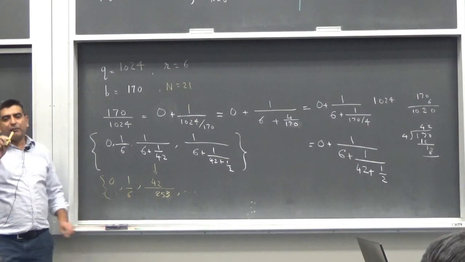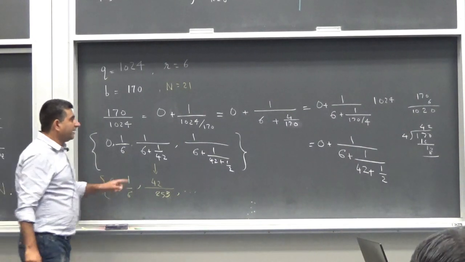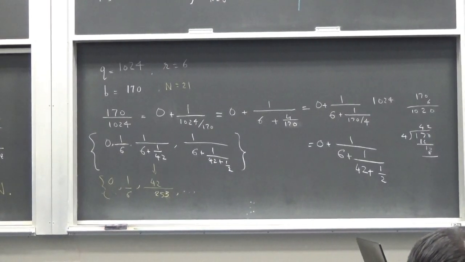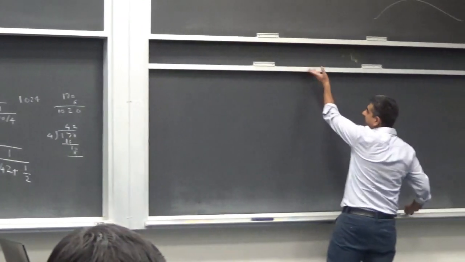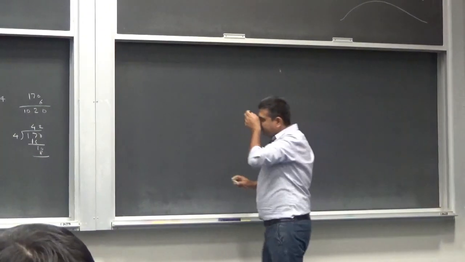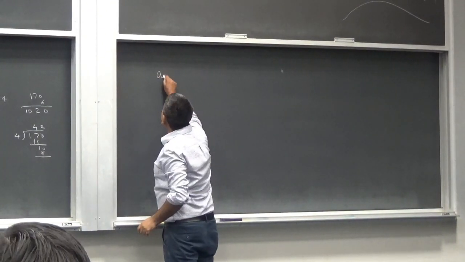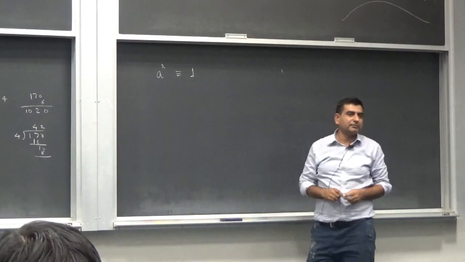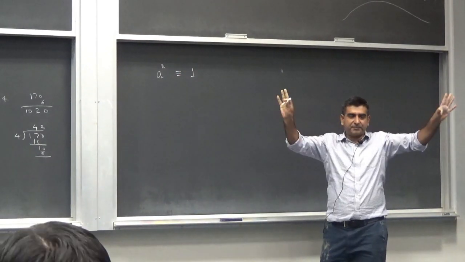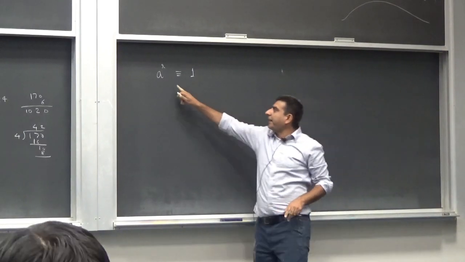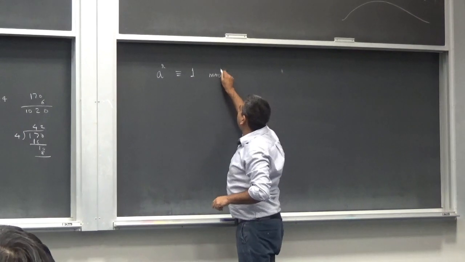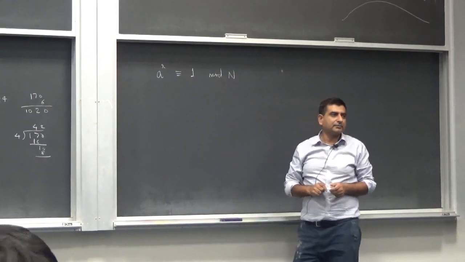Right? So now what I would like to do is use another concept from number theory, and that is the following. My R is defined such that A^R equals 1. Just 3 more minutes, I promise. My A^R equals 1 in modular N arithmetic.